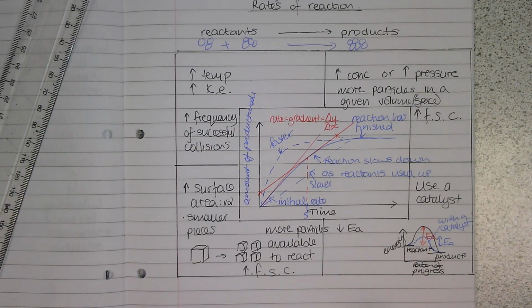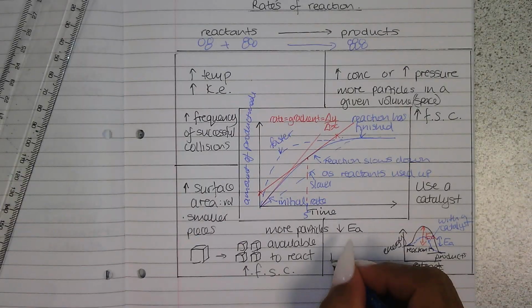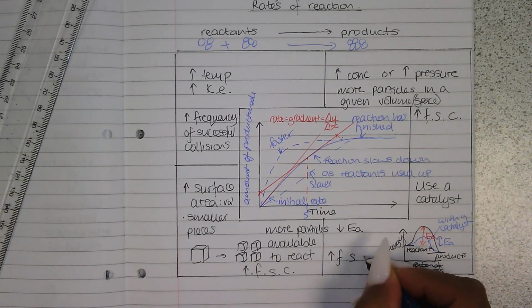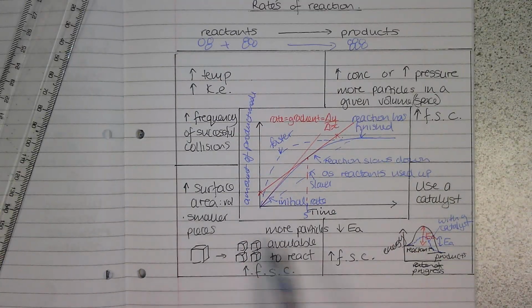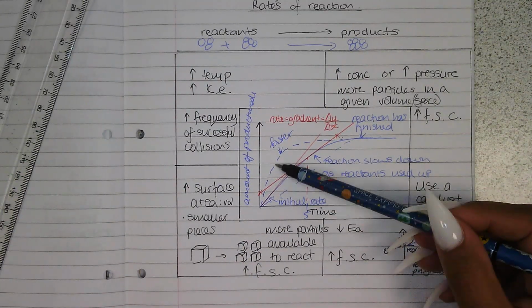And by doing that, less energy is needed, okay, for the reaction to happen. Therefore, the reaction is more likely to happen, or we're going to get more reaction for a lower temperature, okay, thereby increasing the frequency of successful collisions. Each of these ways would make our rate of reaction quicker.